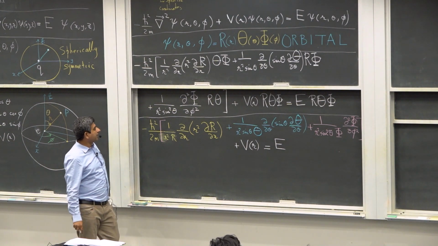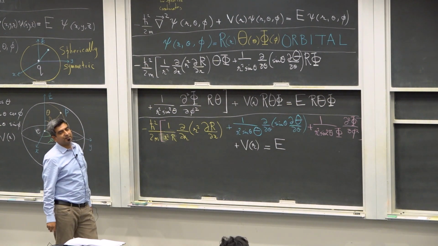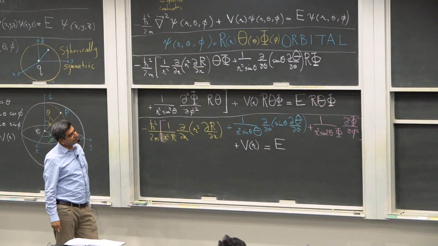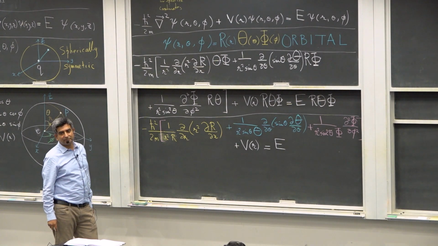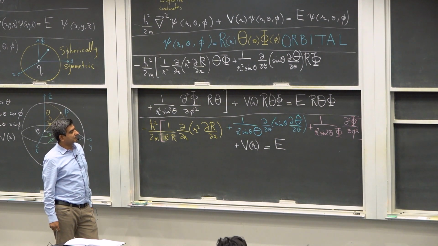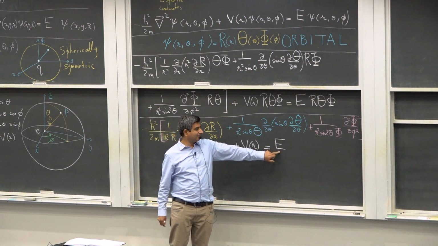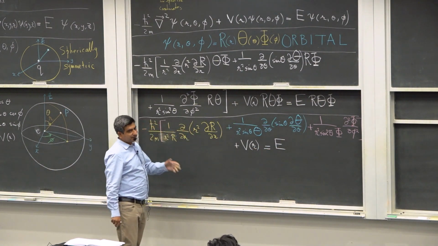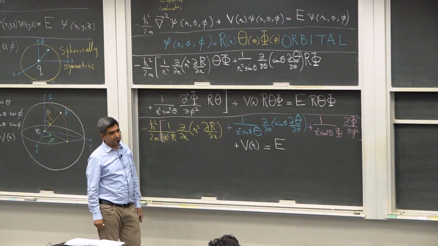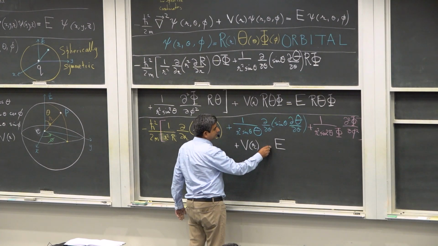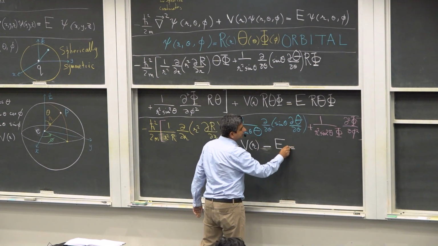Now let's multiply both sides of this equation by r square sine square theta. The one thing I could do is take energy to the left hand side of this equation, make this equal to 0.